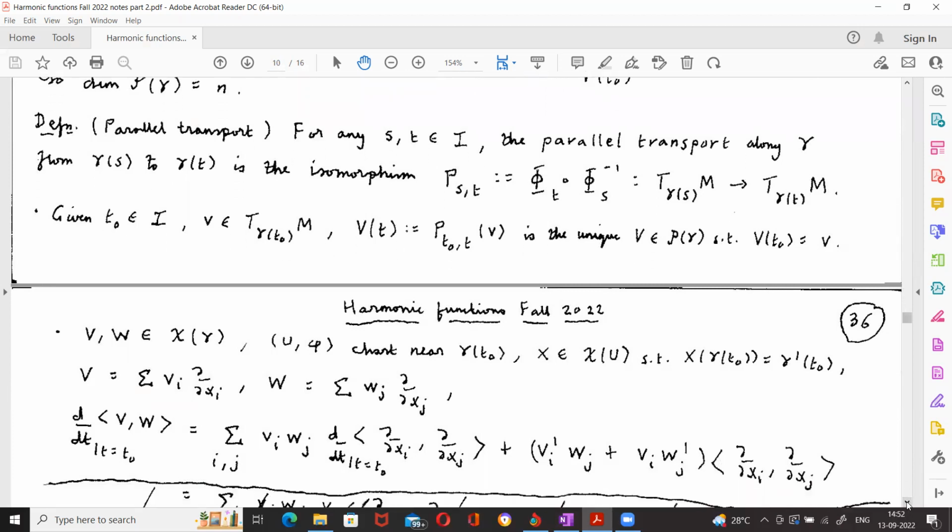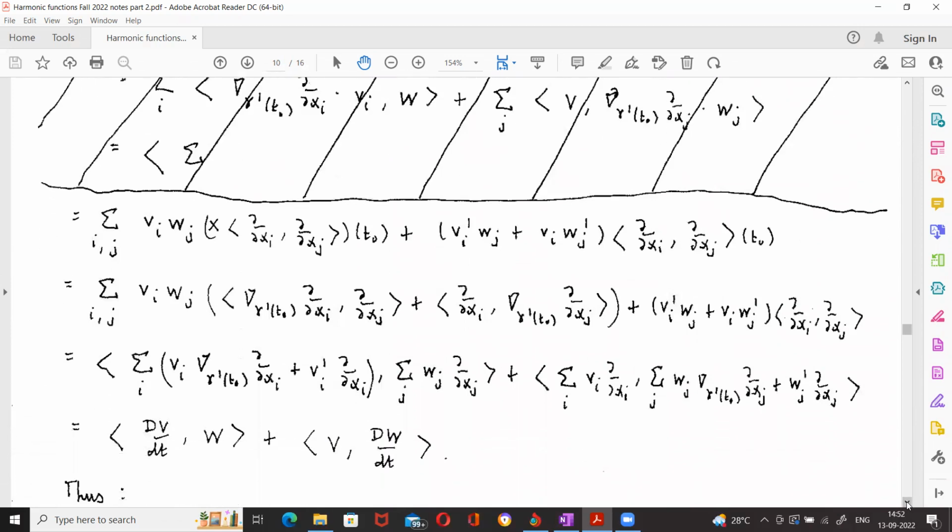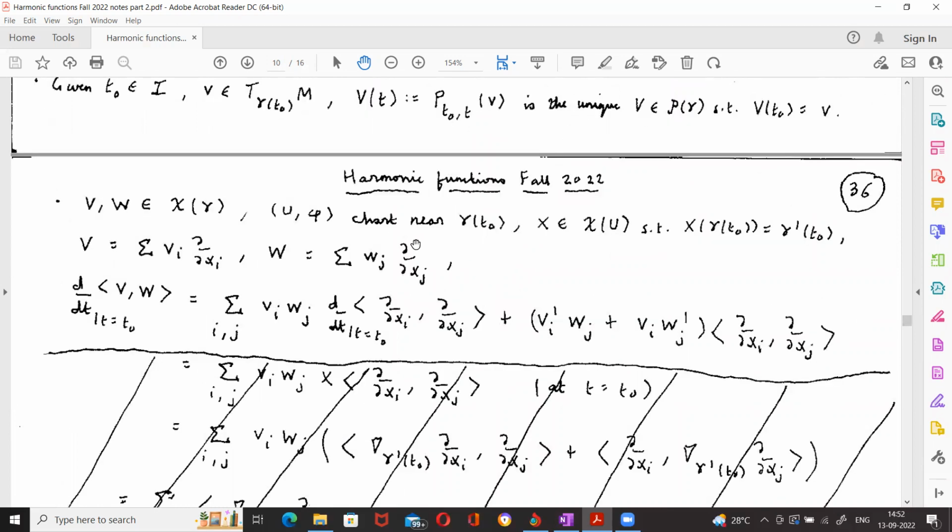Okay, fine. Now what I can do is, at this point t naught, I can choose a vector field X on my chart U near gamma(t naught), such that X at the point gamma(t naught) is equal to gamma prime(t naught).